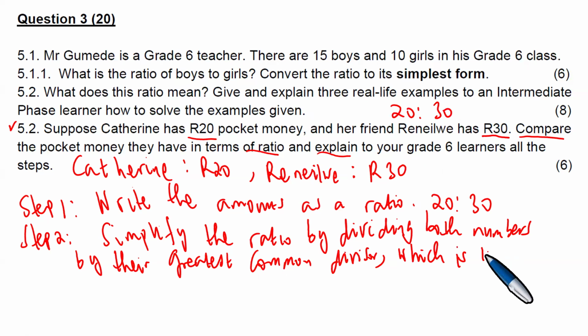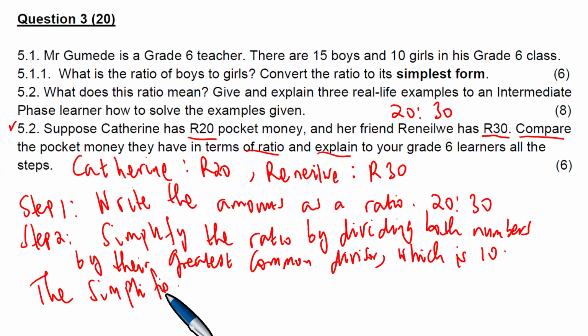So the simplified ratio is 2:3. 2 is to what? Is to 3.